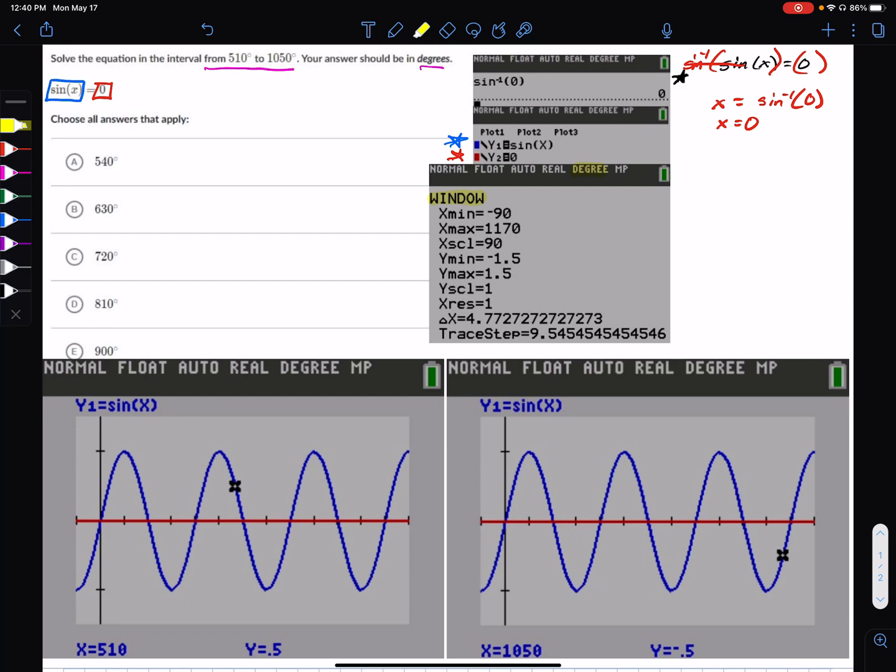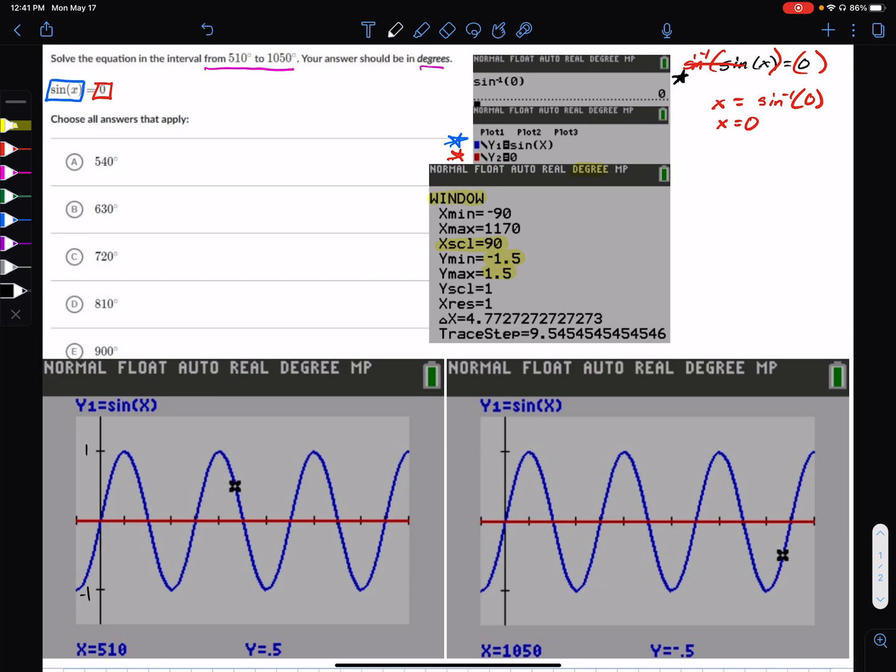Because we're just dealing with basic sine, I'm using an x scale of 90 degrees. Every 90 degrees you've got another anchor point, a minimum, a maximum, or a midline value. Our Ymin and Ymax don't need to be extravagant because the amplitude of sine here is just 1, so negative 1.5 and positive 1.5, and we can label that as 1 and negative 1.